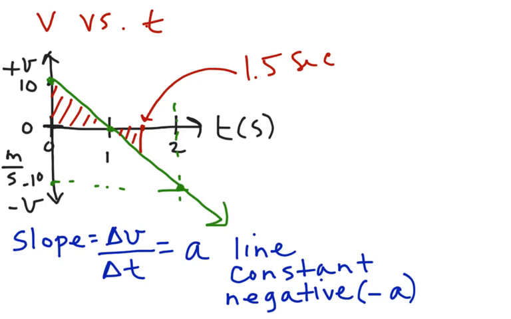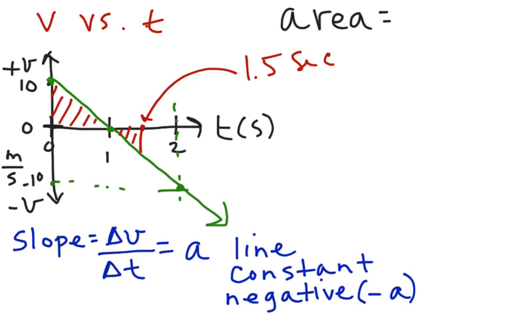And so the area, let's write this here, for the first part, we have a triangle, and we're going to add that to the triangle beneath the horizontal axis.